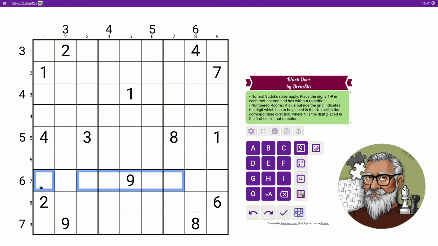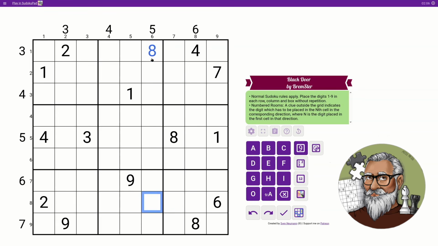Right? If we look at one from above, if this was 8, it would be telling us that the 5 in column 6 is in the 8th position. So 1, 2, 3, 4, 5, 6, 7, 8. Of course, you can always look at the number of the row, right?